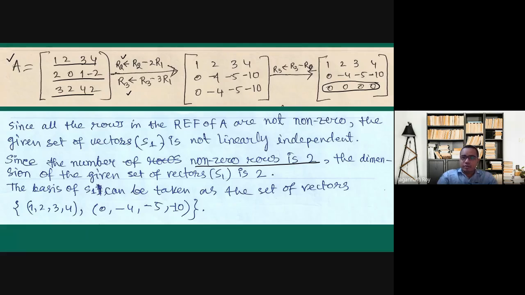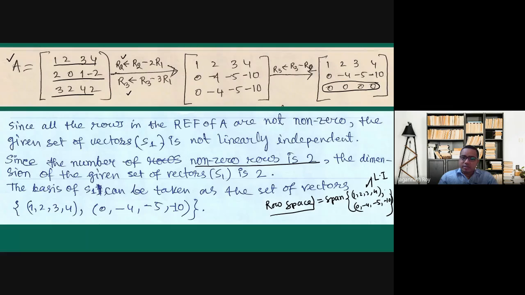Now if you consider the row space, it is actually the span of these two vectors, (1, 2, 3, 4) and (0, -4, -5, -10). We have seen that they are linearly independent also; you can show it.